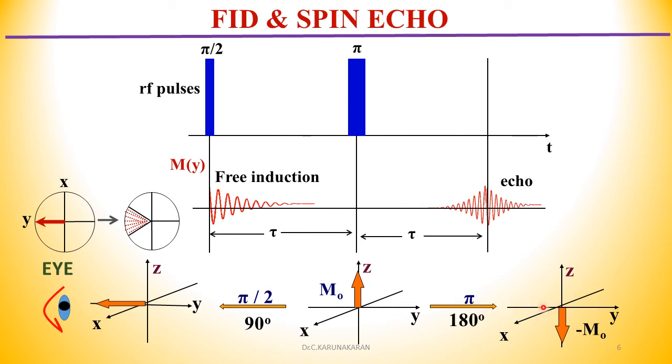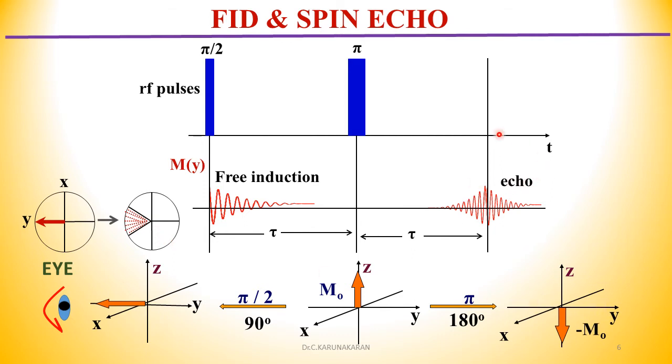There is no magnetization along the minus y axis, therefore it is zero. And with increasing time, the magnetization fans out, and therefore the signal increases and then decreases because of this phenomenon.